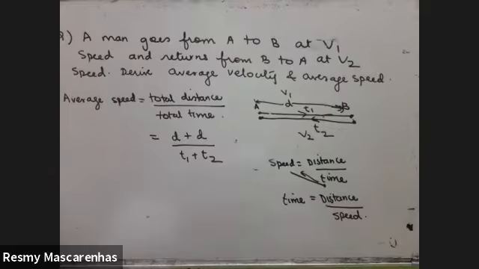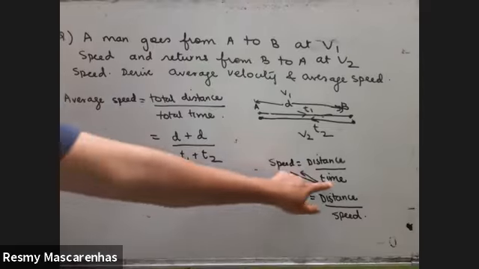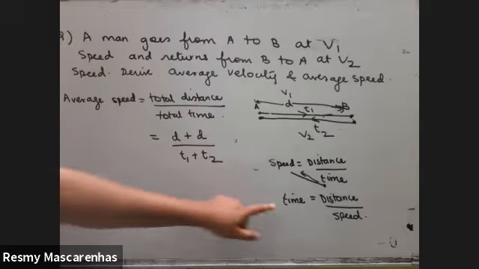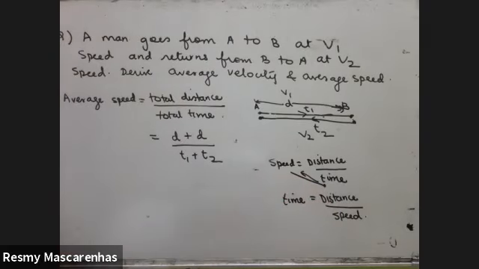Anyone who has not understood this? It's like cross multiplying. Time will go up, speed will come down. Okay, so what is the relation? Time is nothing but distance upon speed.